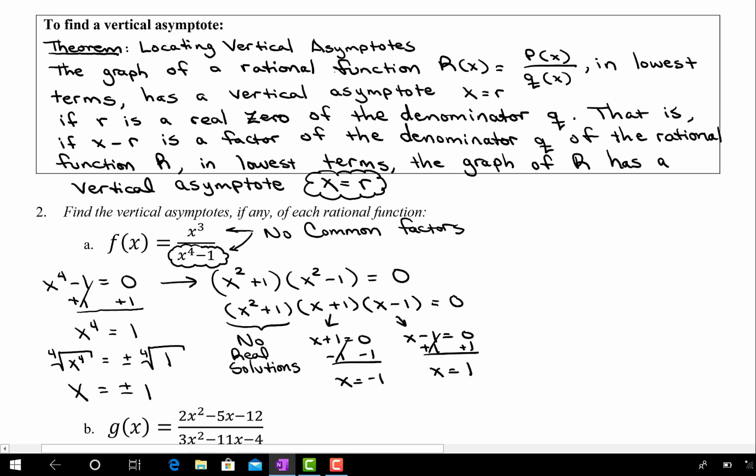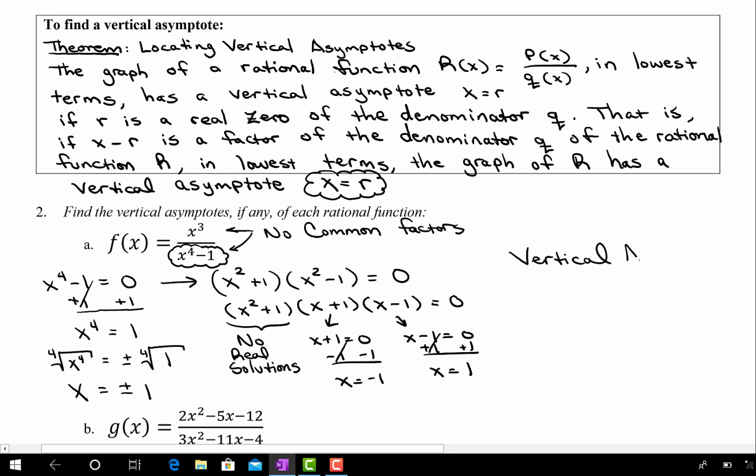If you square a number, there's no way it can be negative, right? And if you add a positive number to a non-negative number, there's no way you're ever going to make it equal 0. So I'm not even going to worry about that factor.